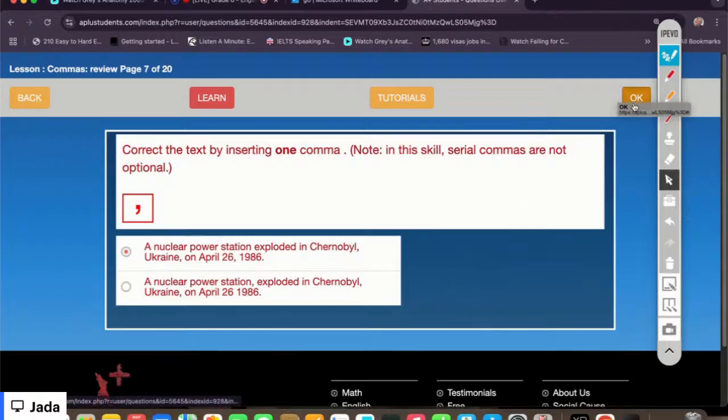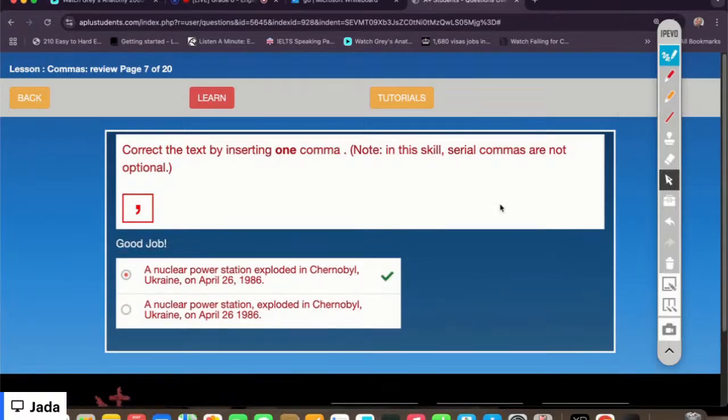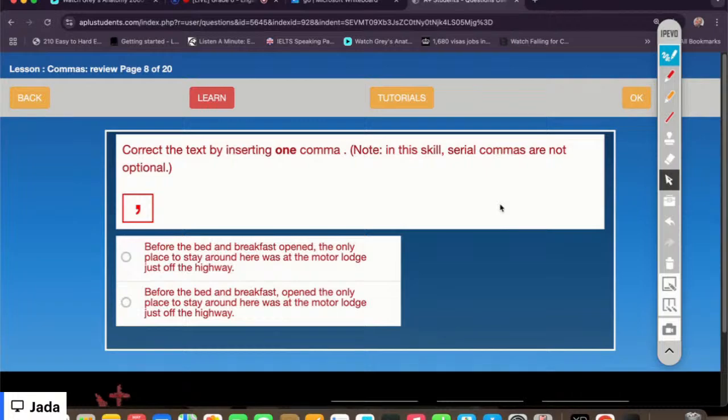So we have the first. Okay. So insert one comma here. Before the bed and breakfast opened, the only place to stay around here was at the motor lodge just off the highway. First or second?